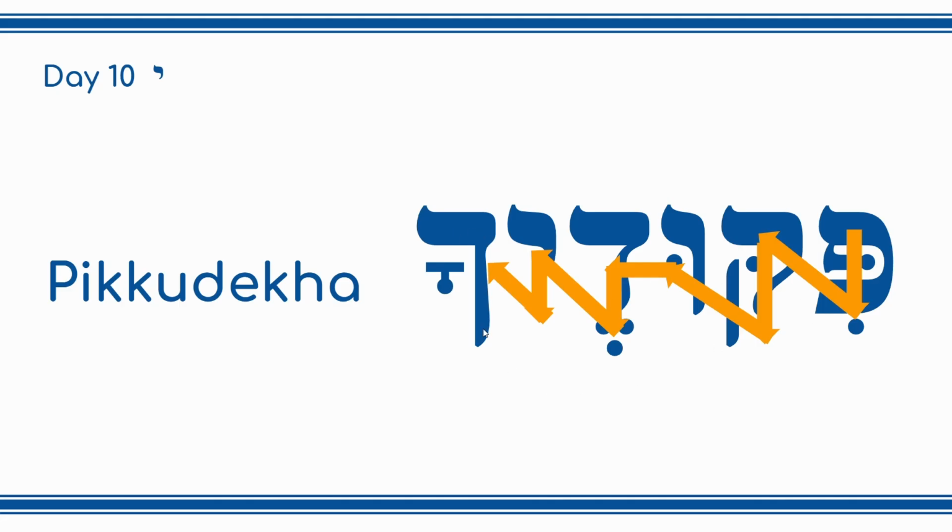But this form of the Chaf shows up only at the end of the word. And you don't have to worry about this now, you will learn it later. So we have the Ch sound, and then we look over and we see the kamatz, and it makes an ah sound. So you have the Ch and the ah, so you get cha.